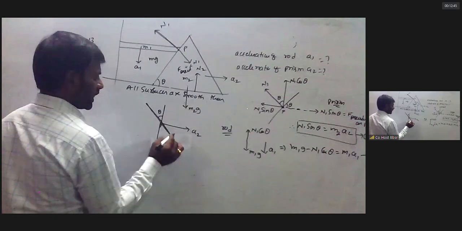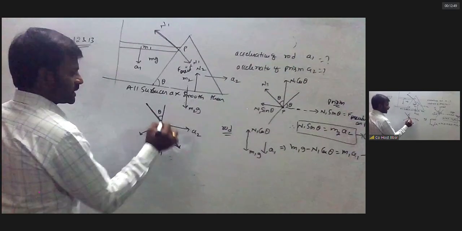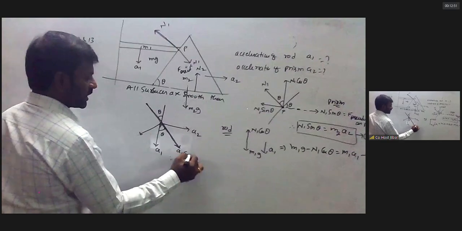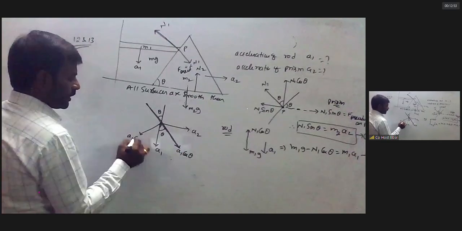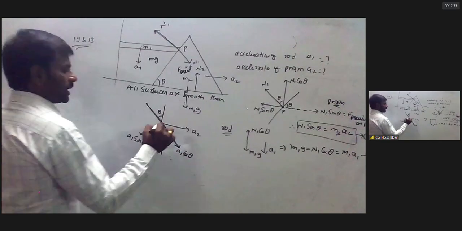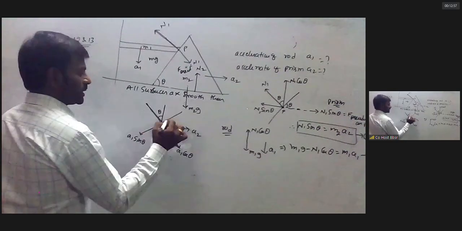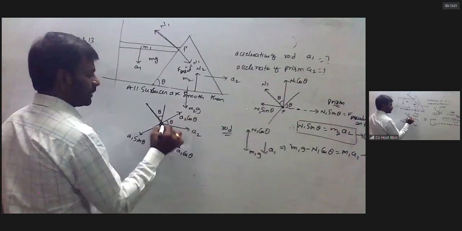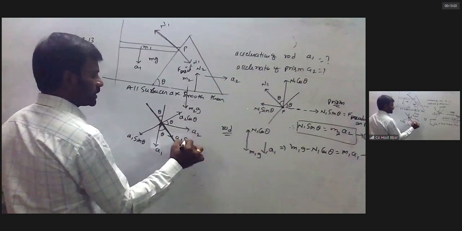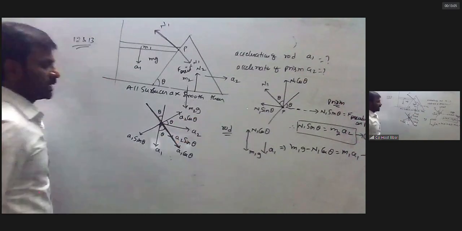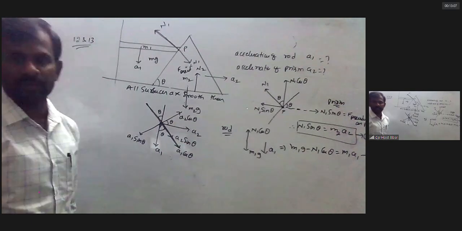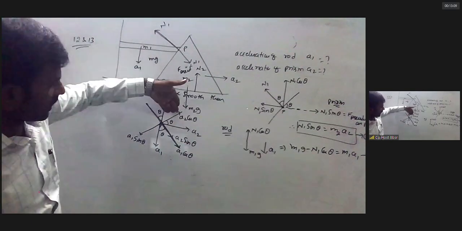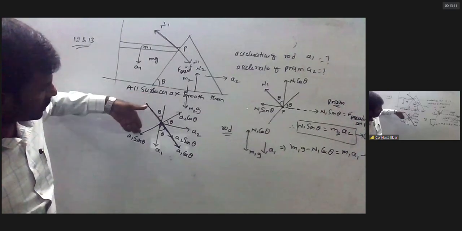We can take the components again. This is theta, here also theta. A1 cos theta, A1 sin theta. Now you can extend. This is theta. This is how much? A2 cos theta and A2 sin theta. So you see in which direction system is in equilibrium. The relative acceleration along this direction should be equal to how much?